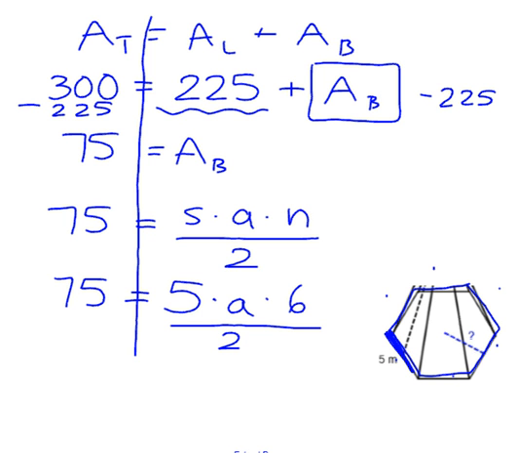Now here you have to remember how we solve an equation like this. So this is solving an equation. I'm going to just take a new page so we have more room. So we start with this. 75 is equal to 5 times a times 6 divided by 2.